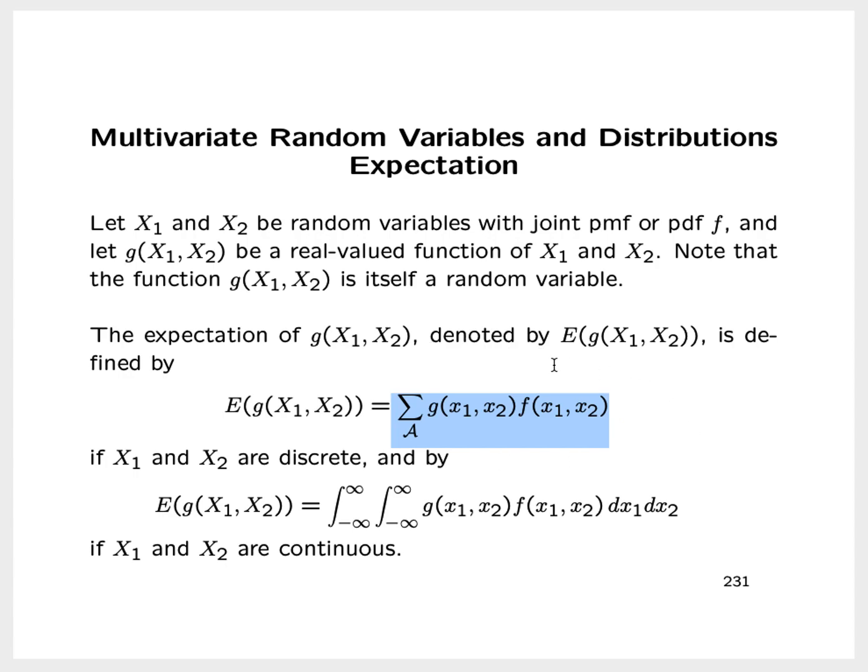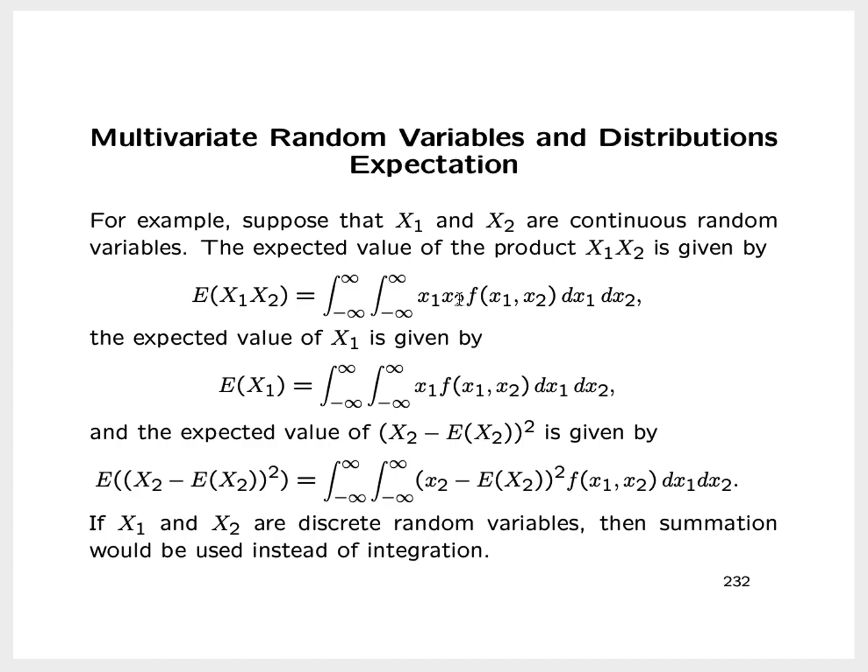Again, the expected value of this function g is just a weighted average of the values taken on by g, and the weight factor is the joint PMF. If x1 and x2 are continuous, then we obtain this expected value via integration. In both cases, what it's calculating is a weighted average of the values taken on by the function g, with the weight factor being either the PMF, if we're dealing with discrete random variables, or the PDF, if x1 and x2 are continuous.